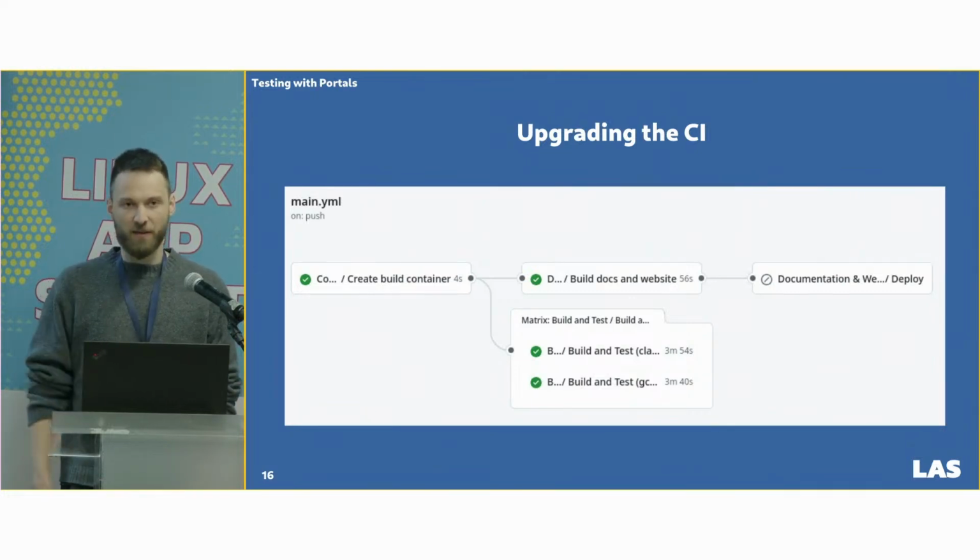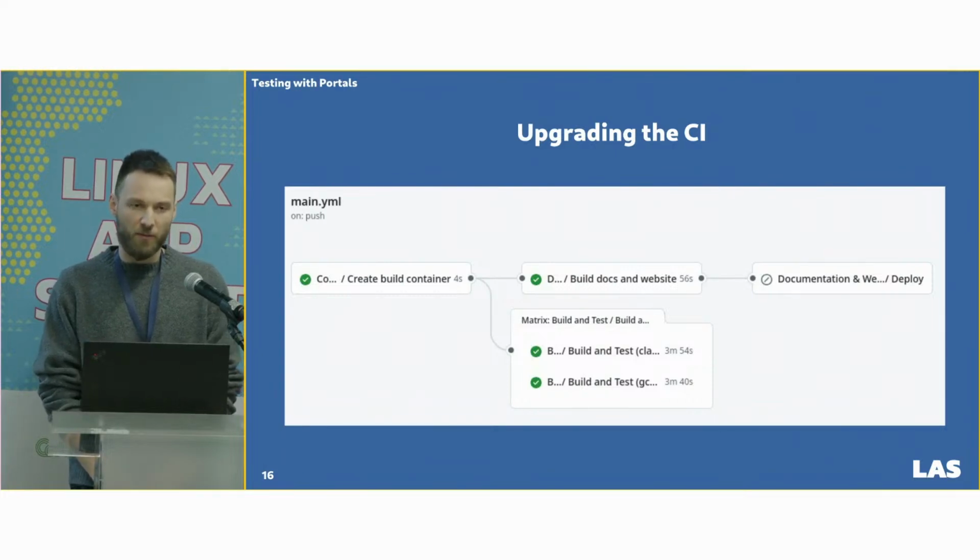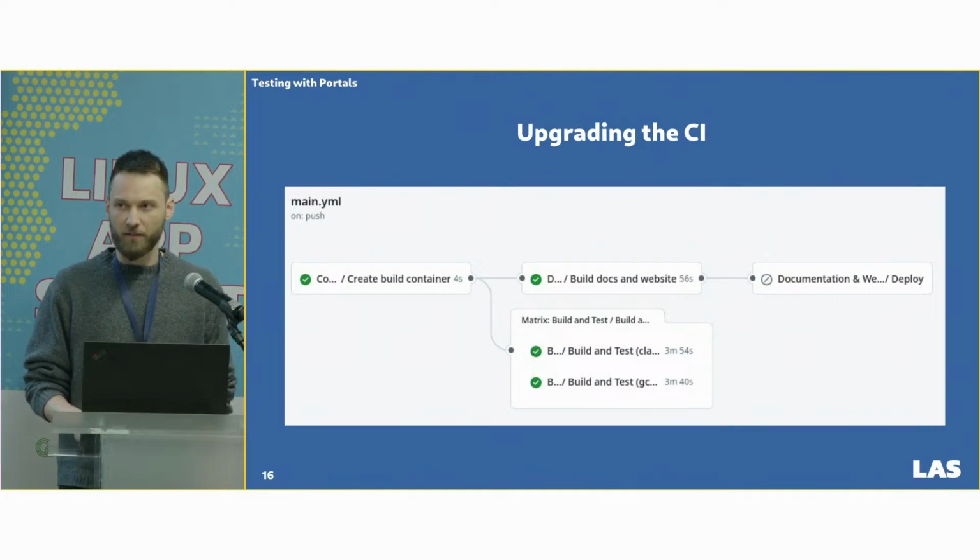It's running on GitHub, which means we don't have the typical freedesktop.org CI way, but I replicated that so that we can build a container on demand, with tags. So yeah, it's working.